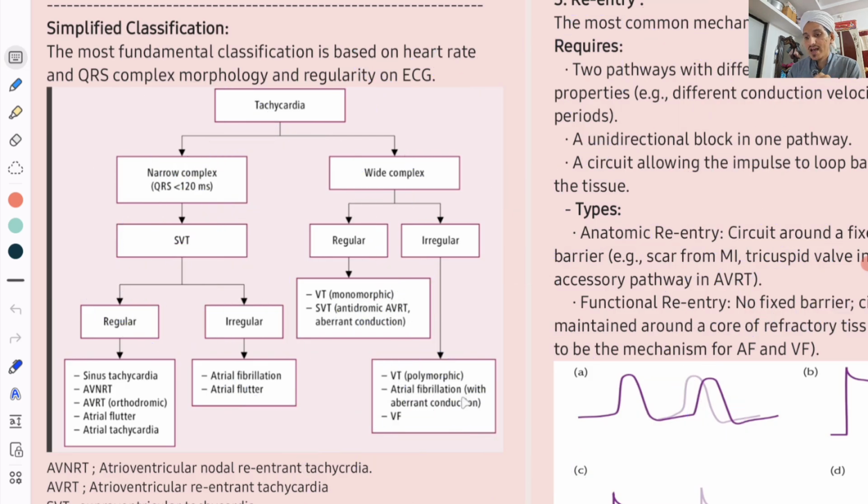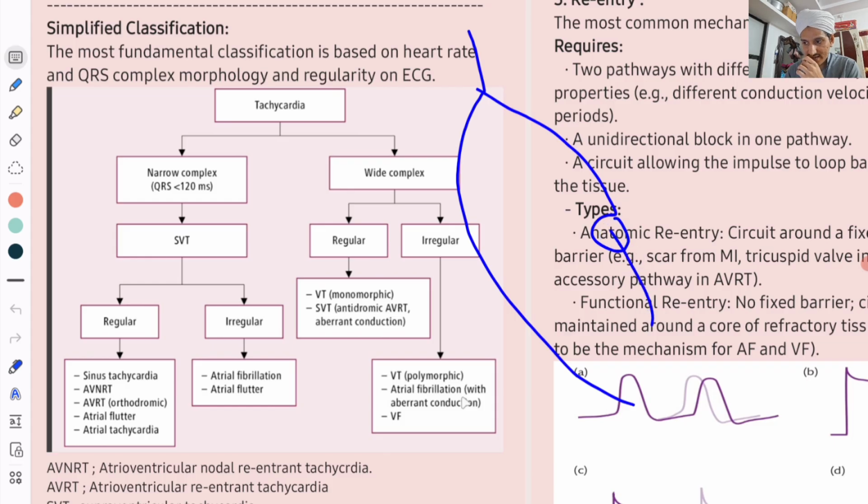In AVRT, what you will see is that the impulses conduct both through the accessory pathway and through the AV node. This accessory pathway is fast; it conducts fast to the ventricles, faster than the normal wiring.